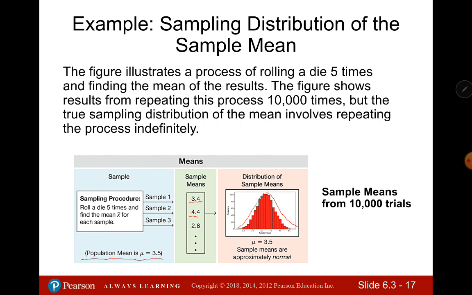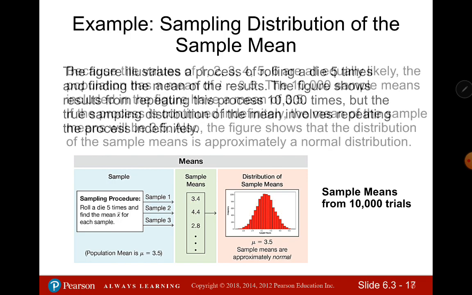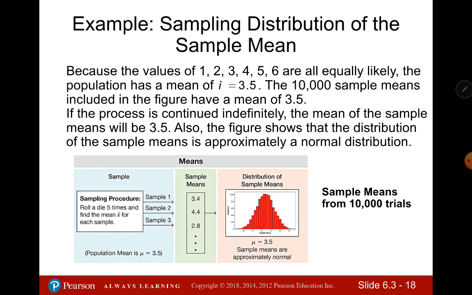How can we get to this mu? Because we know the numbers 1, 2, 3, 4, 5, 6 are equally likely. So how can we get the mean value? We only need to add them up: 1 plus 2 plus 3 plus 4 plus 5 plus 6.